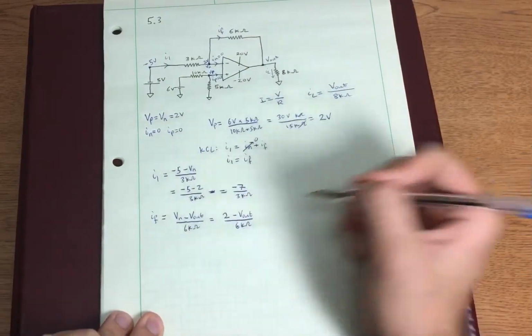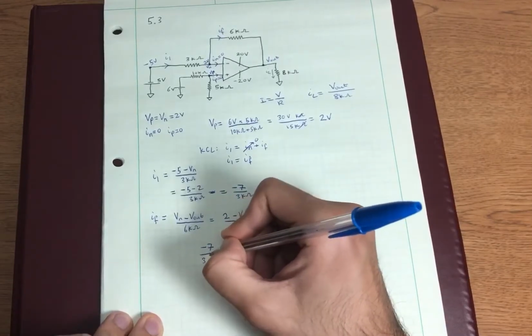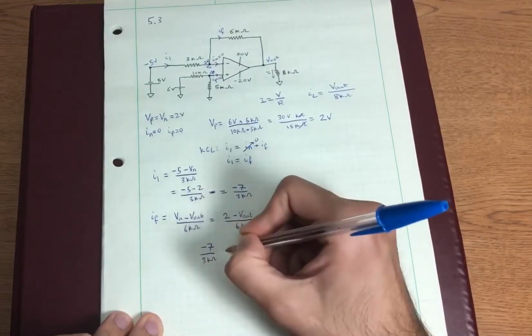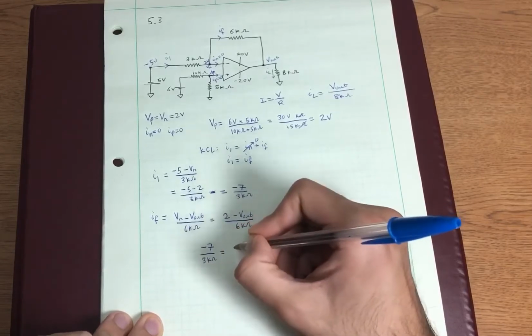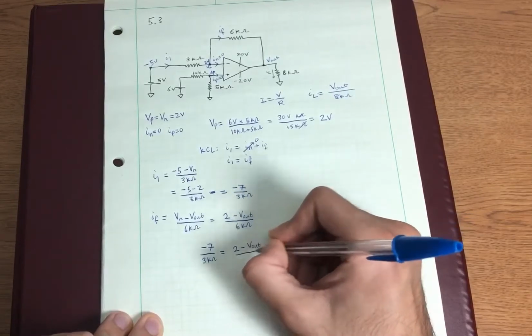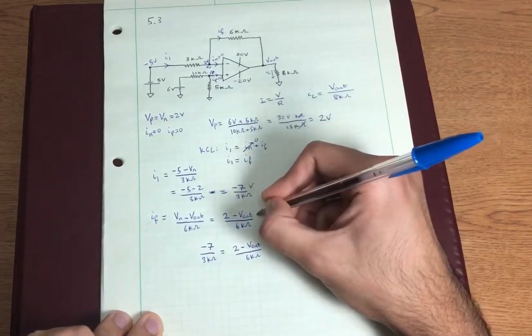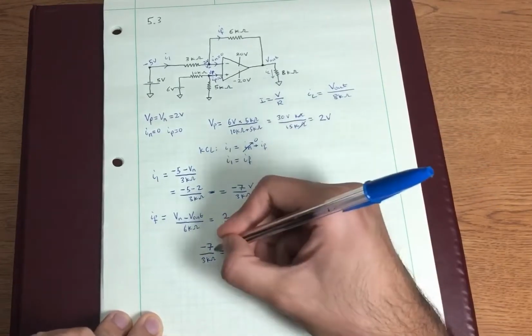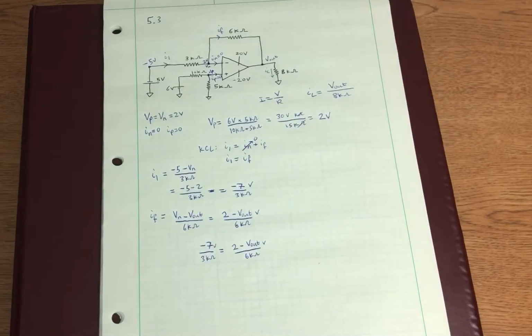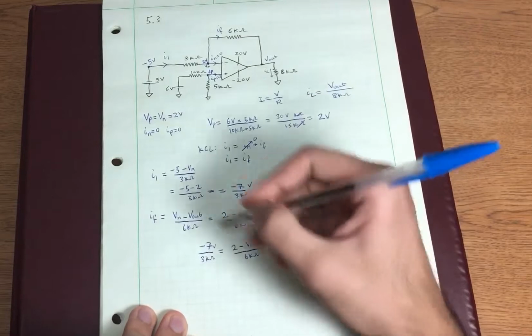Negative 7 over 3 kilo ohms is equal to 2 minus V out over 6 kilo ohms. And actually these should all be volts. Okay? So now we just have to solve for V out. We'll multiply each side by 6 kilo ohms.